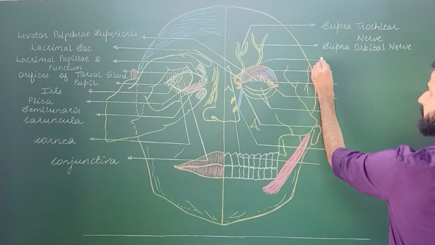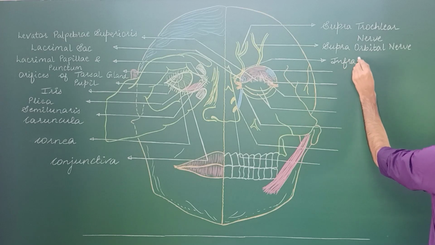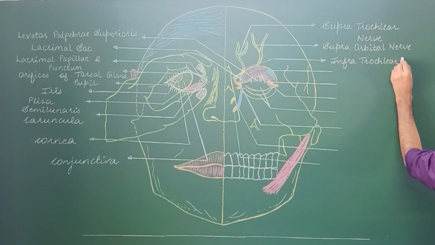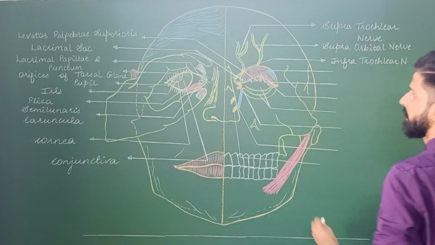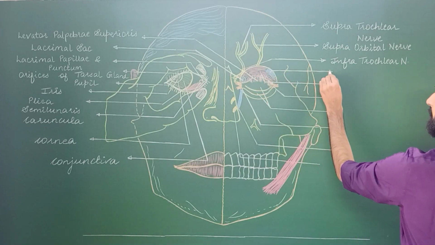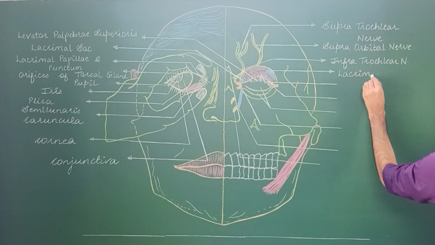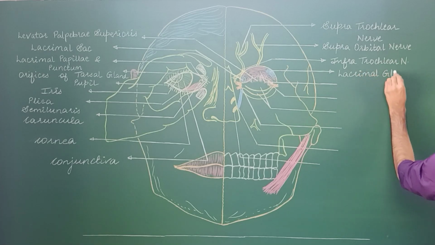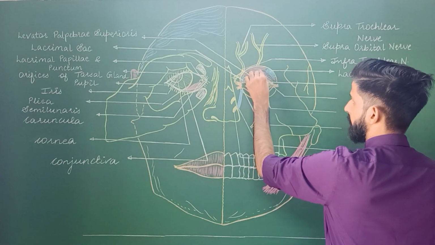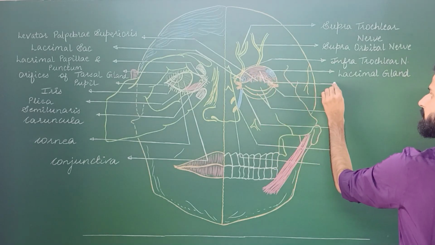This nerve on the lower side is infratrochlear nerve. This gland, this is the main tear gland. This is called as lacrimal gland. Then this is the orbital septum.